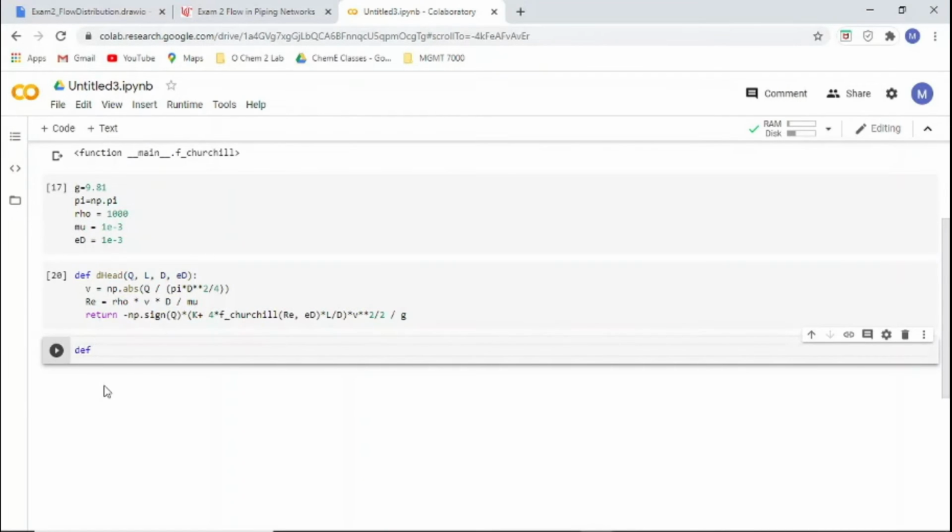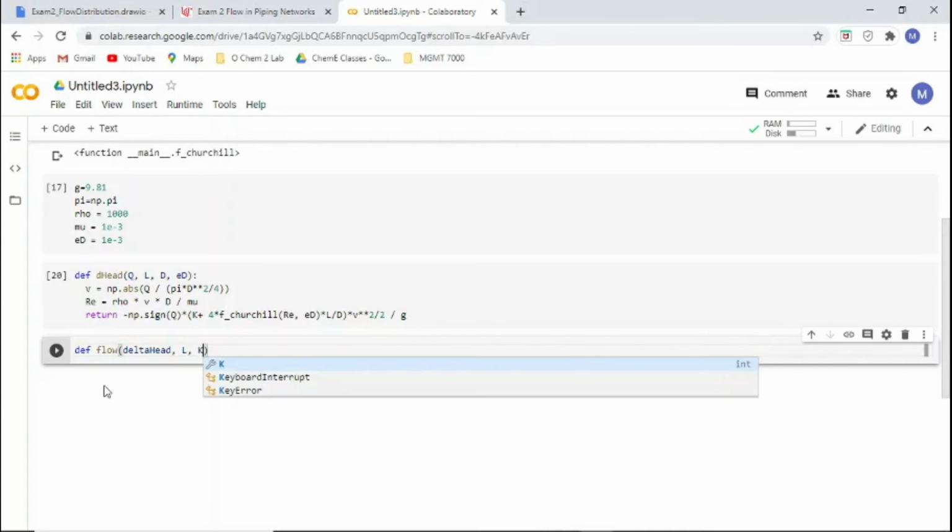So now we're going to define the function for our flow. So define flow, and we're going to use delta head for that. The length of our pipe we'll also need. We'll need that K value, which factors in any elbows or contractions.